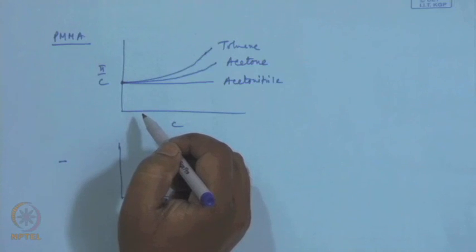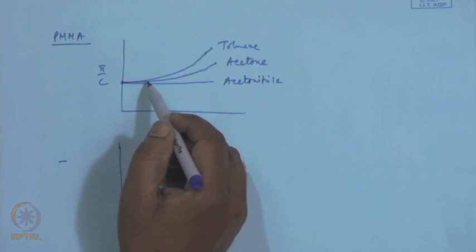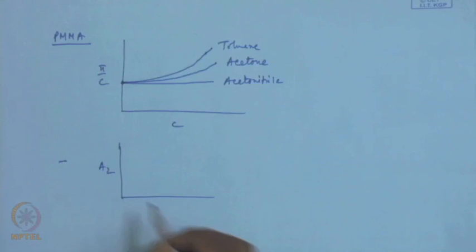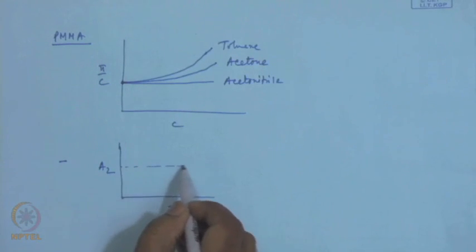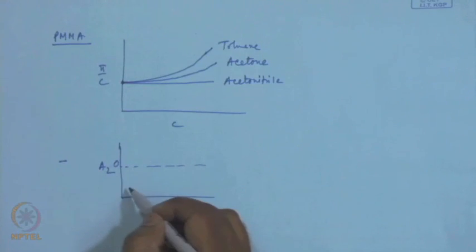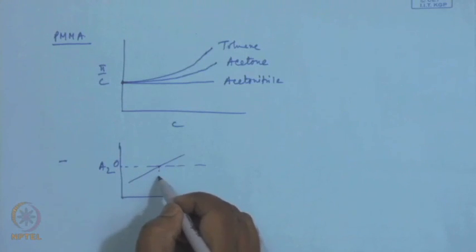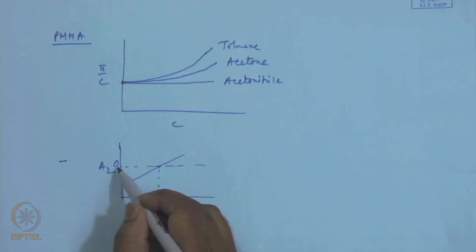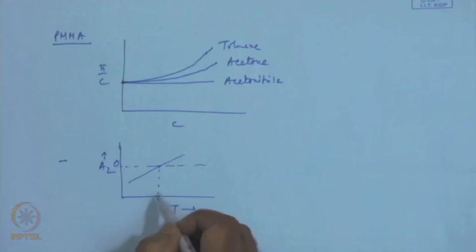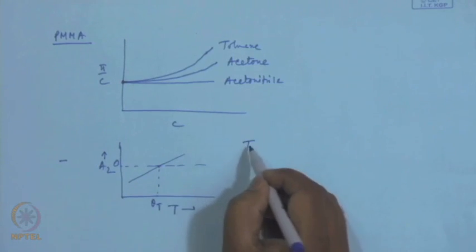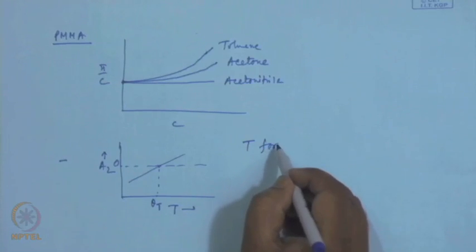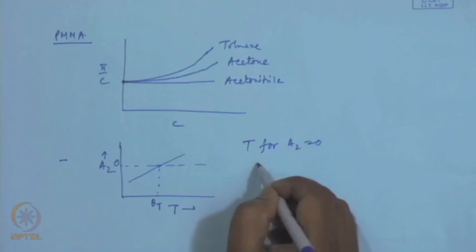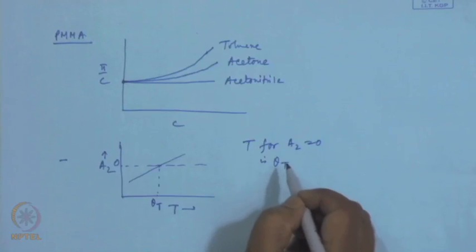And if we determine A2 at different temperatures and then plot A2 versus T, the temperature for which A2 is 0 would be the theta temperature. So, this is one way we can determine the theta temperature.